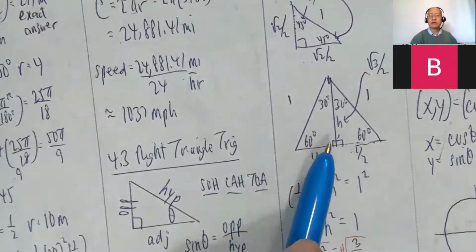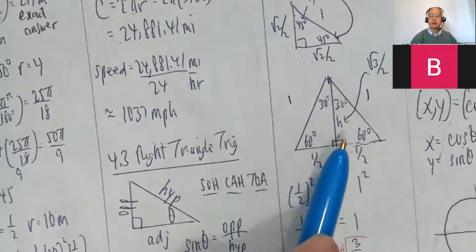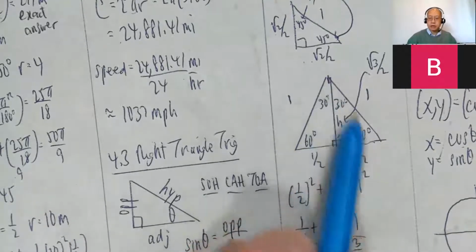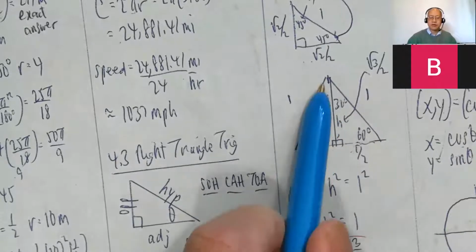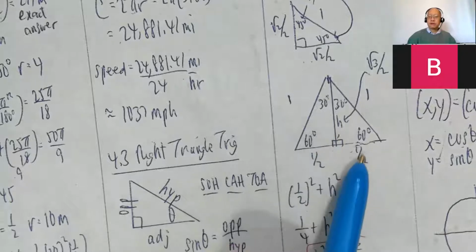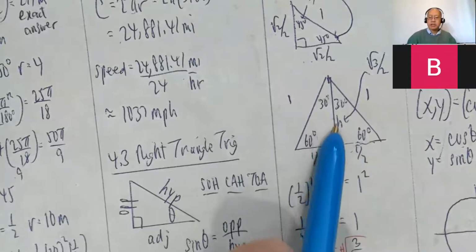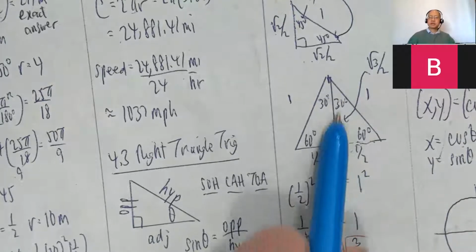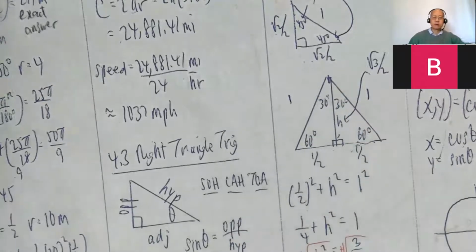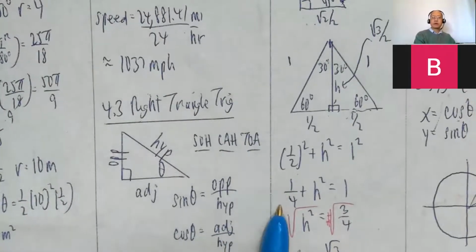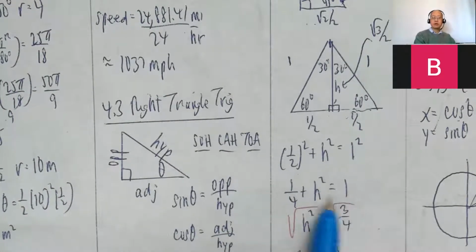I now want the height of the triangle. Pythagorean theorem. I can use this triangle. I could also use the one on the left, it's equivalent. But by Pythagorean theorem, 1/2 squared plus h squared equals 1 squared. This thing squared plus this thing squared is this thing squared. 1/2 squared is 1/4. 1 squared is 1.